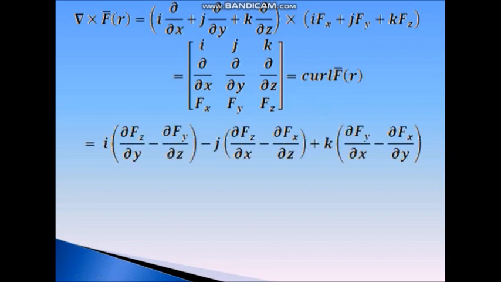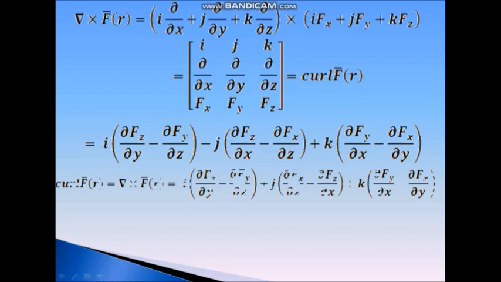See here, it is equal to i into dou f of z by dou y minus dou f of y by dou z, minus j into dou f of z by dou x minus dou f of x by dou z, plus k into dou f of y by dou x minus dou f of x by dou y.